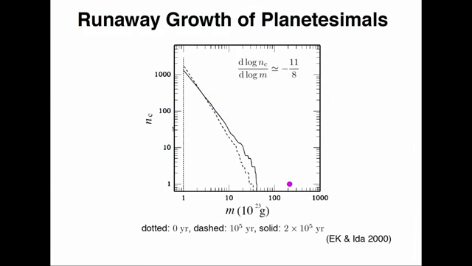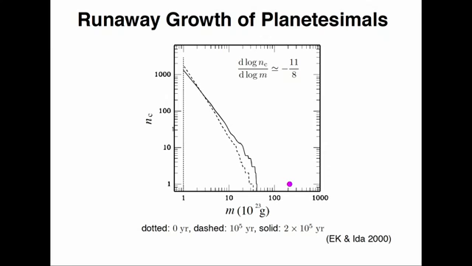And at 2 times 10 to the 5 years, which is this solid line, the mass distribution consists of two parts: this continuous power-law part, and also one runaway body detached from this continuous distribution. So this is the runaway growth of planetesimals.